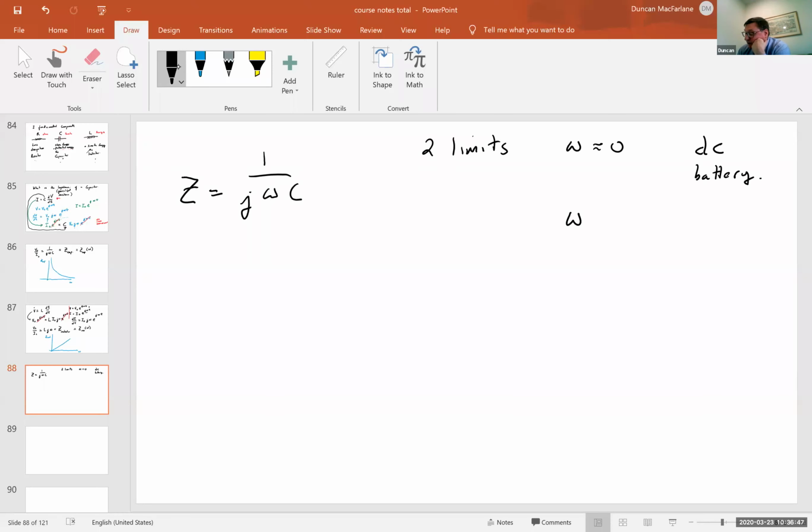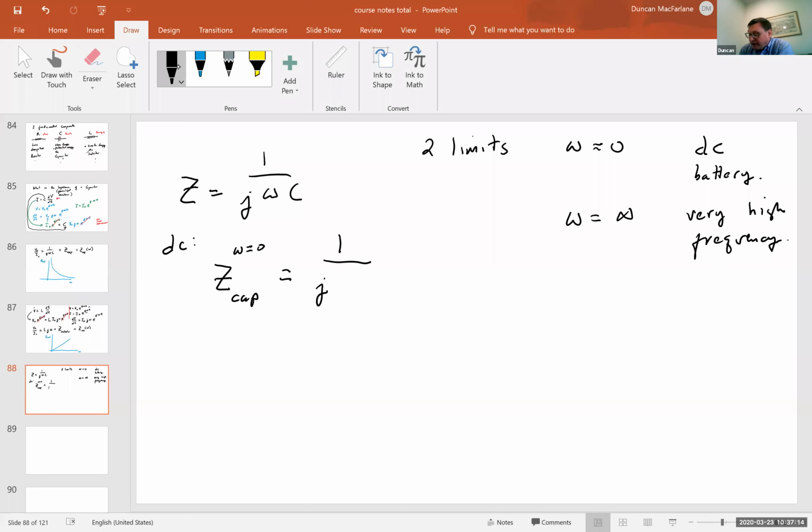And then I also want to look at omega equals infinity, and this is a very high frequency. Okay? So at DC, I have Z capacitor at omega equals 0 is equal to 1 over J times 0 times C, and that equals infinity.